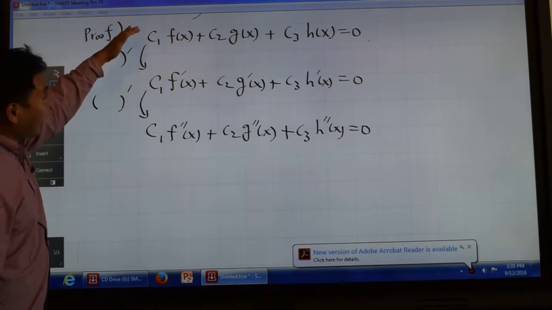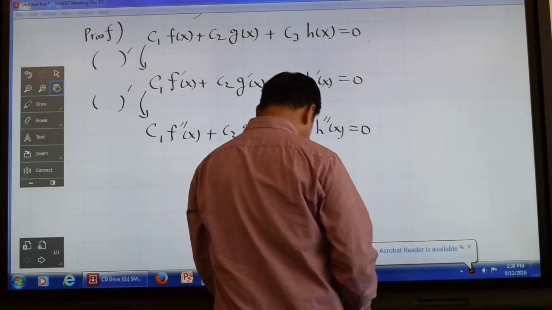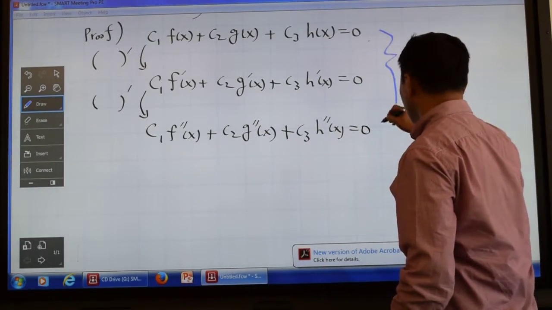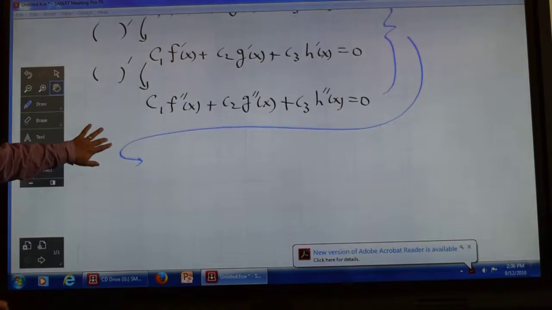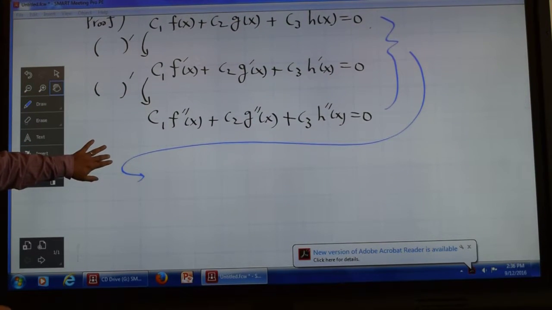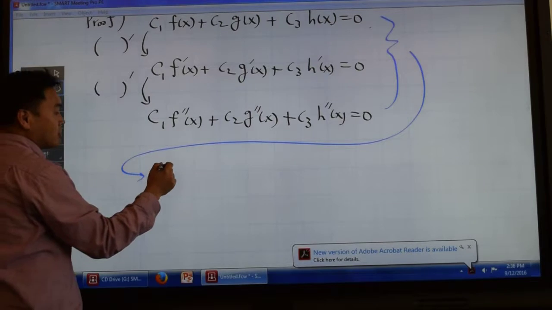Now, I can take all of these and write it in terms of a matrix equation. Okay, so look at this.